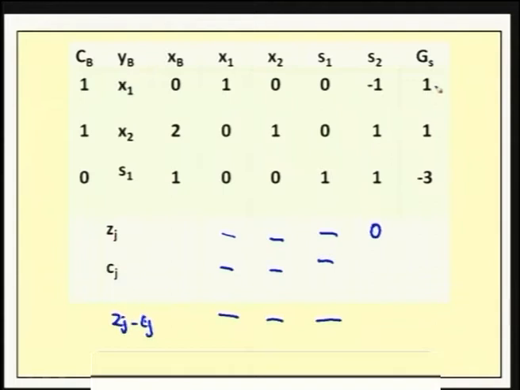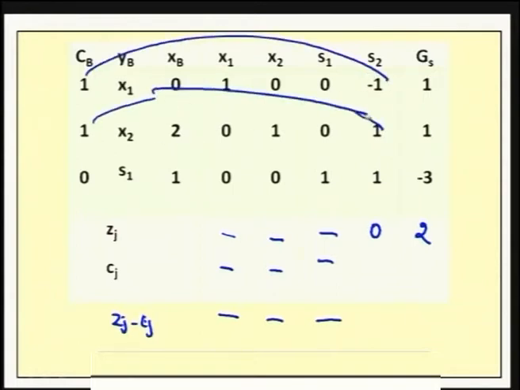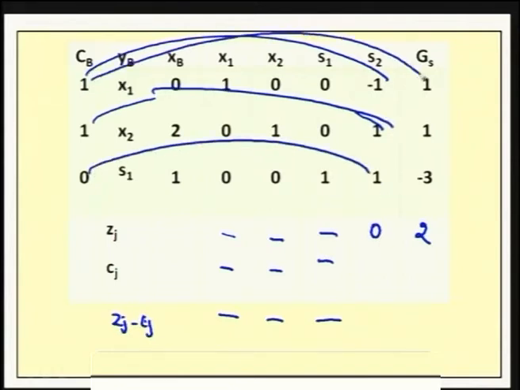For GS, 1 into 1 plus 1 into 1 plus 0 into minus 3, which becomes 2.